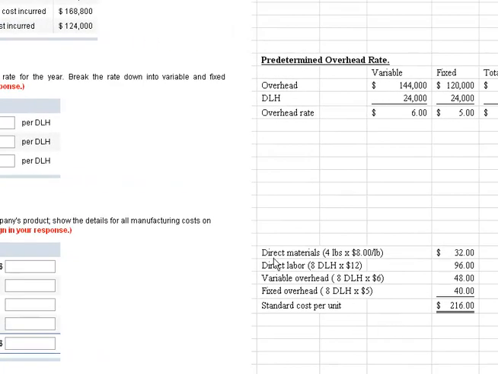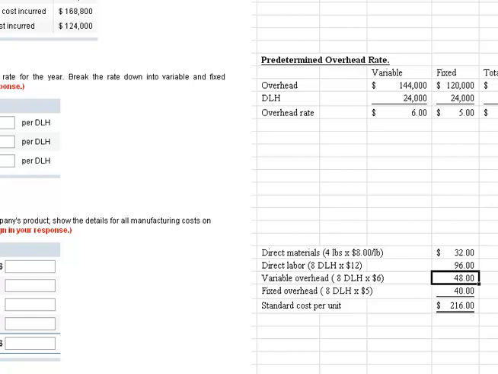And so what you see is they gave us all the information. Direct materials, 4 pounds at $8 comes to $32. That would be the cost per unit for the product. Direct labor takes 8 hours times $12. That gives us 96, and I'm just multiplying 8 times 12.